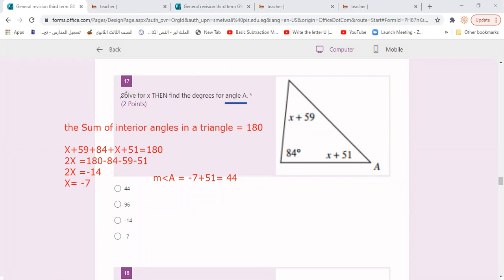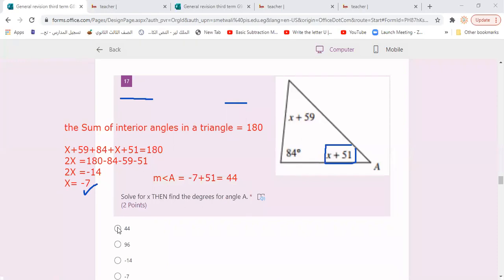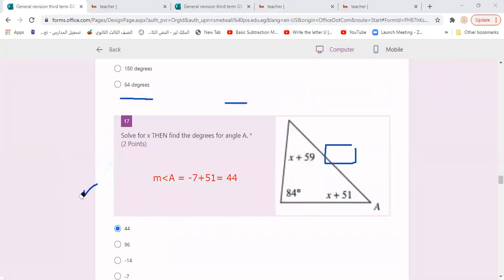The first part, he said solve for x. You found the value of x, and then he is looking for the measure of angle A, so we substitute the value of x in A only. I'm not talking about the other two angles. That means the right answer will be 44. So we have to choose 44.